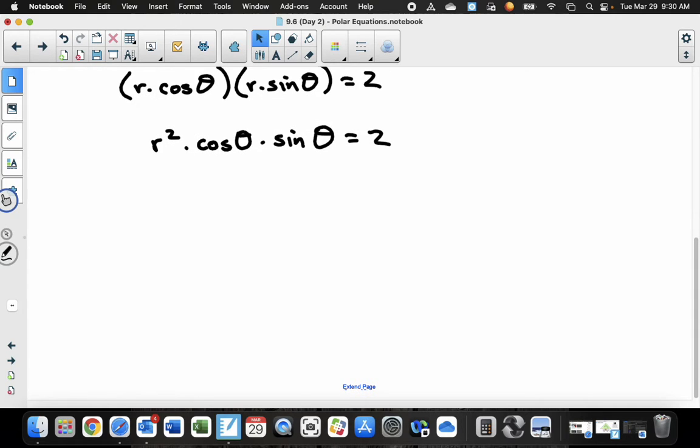And now, similar to example number 1, if I want this in r squared equals form, we can just go through and divide out the stuff that I don't want. So I'm going to divide everything by cosine theta times sine theta. Those will cancel.